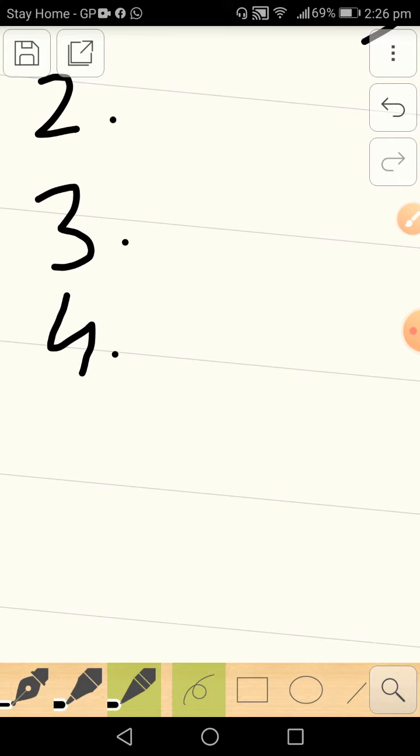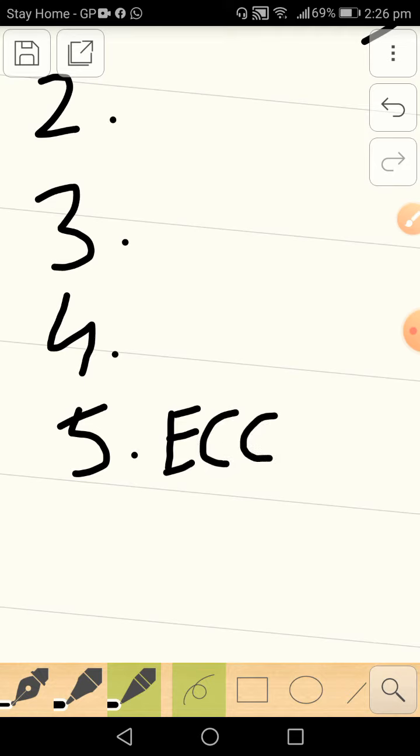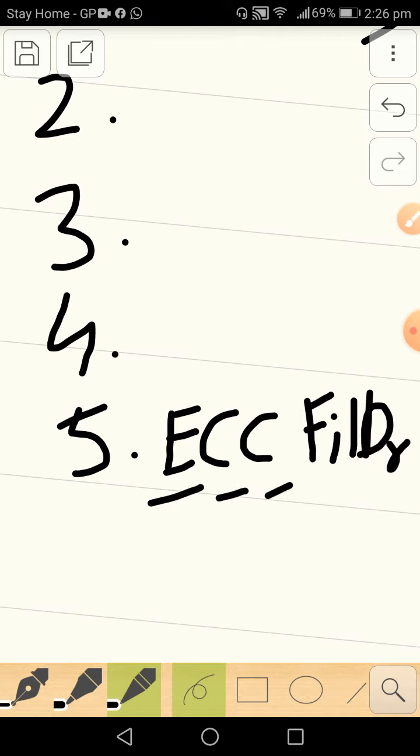Number 5, then that English cricket club filter. English cricket club filter, that means evaporation, check with rod, cool, filter and then dry.